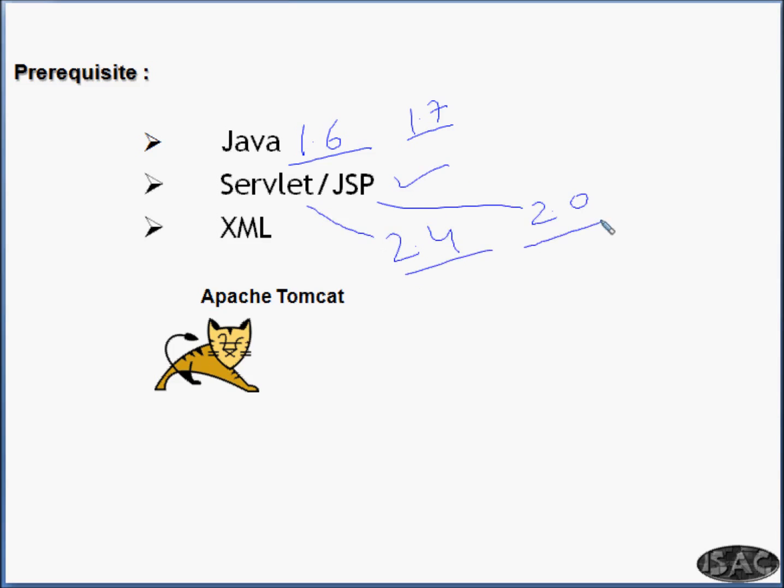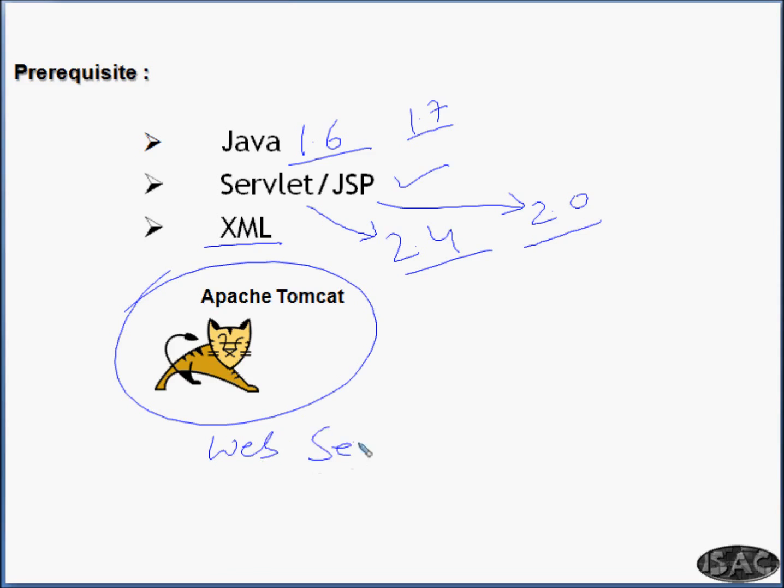So these are the two versions we're using here. And you must know XML, extensible markup language, because some of the code is in XML format. And we will use the Apache Tomcat server here, so you must have a little idea on this aspect.